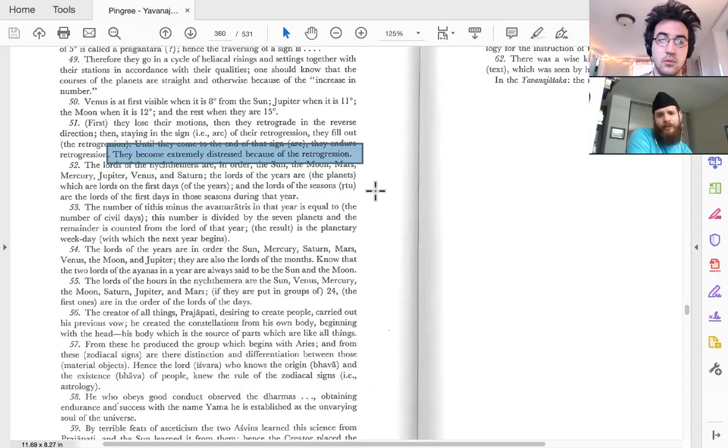Let me tell you how I explain retrogression. As you said, retrograde planets are strong. But at the same time, I see it in two ways. They're strong, but they have a tamasic disposition, so they're very concentrated. Their mind or their will is very set on having something, right?